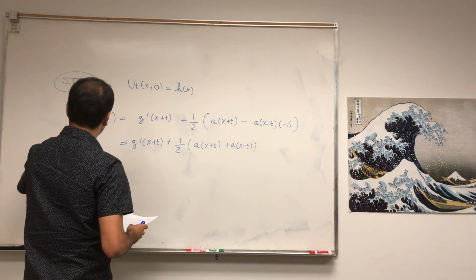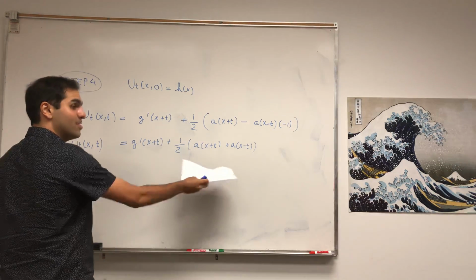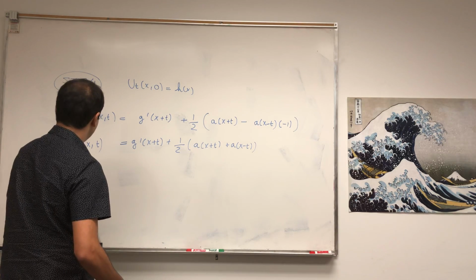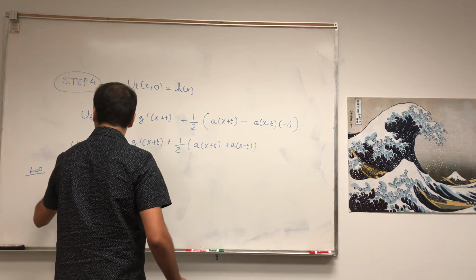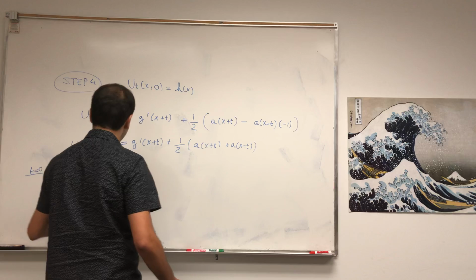All right. Still complicated, but remember, we want this at t equals 0. So plug in t equals 0. On the one hand, we get u_t of x0, which is h of x.